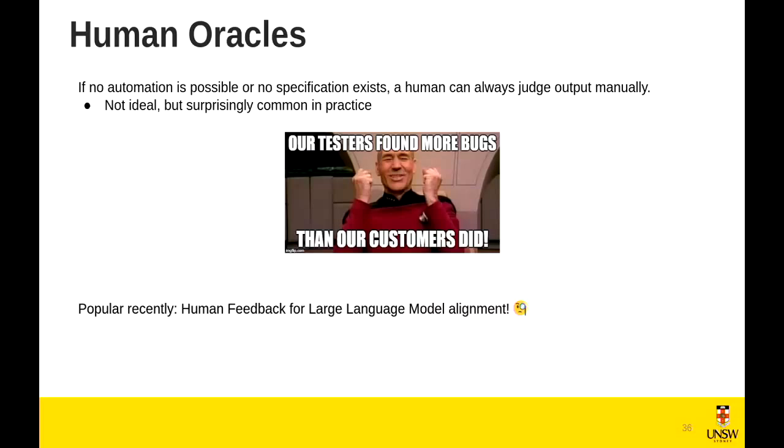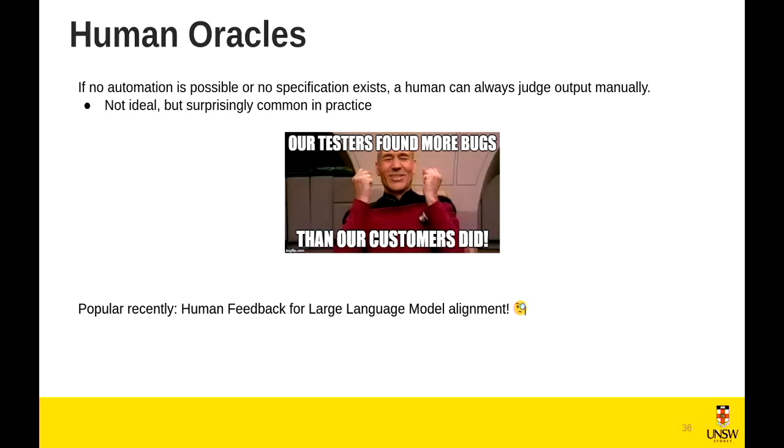Because human feedback for large language model alignment is very popular. For example, OpenAI is trying to align large language models to regulate their behavior. ChatGPT shouldn't teach you how to rob a bank, right? So how do they prohibit these kinds of behaviors?